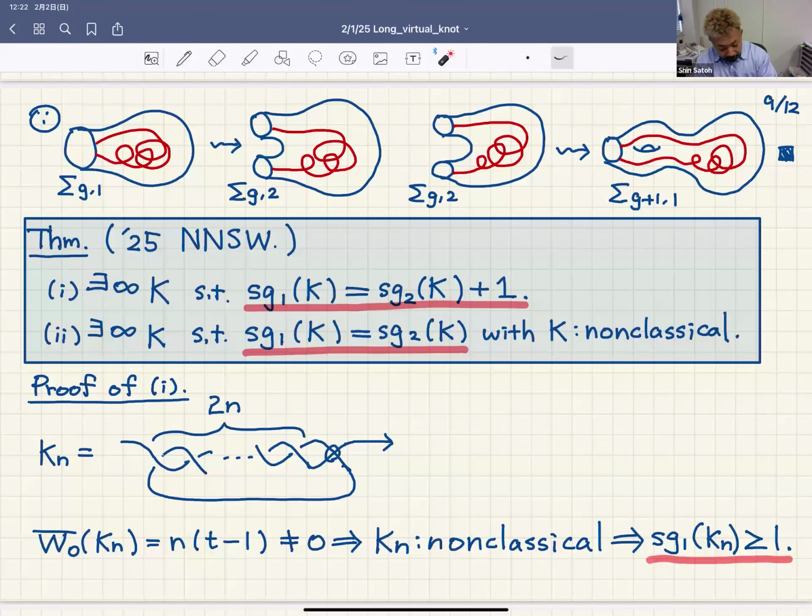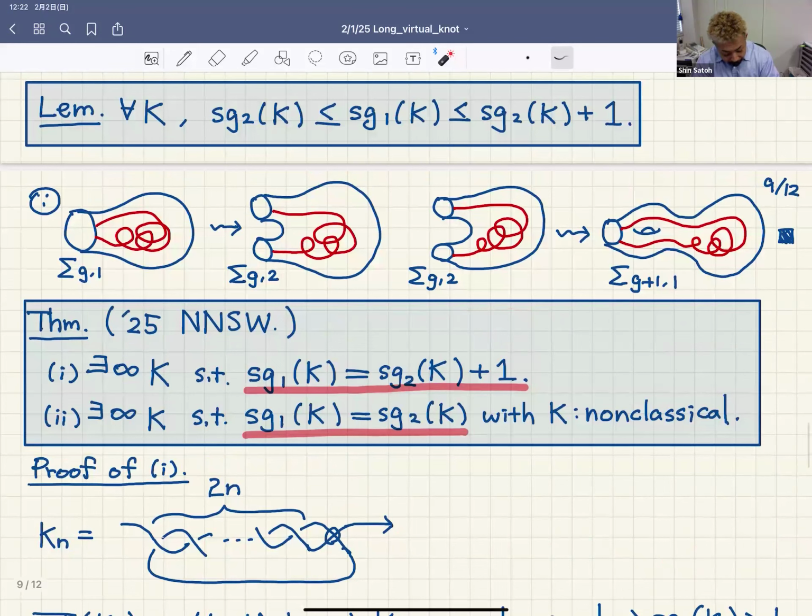The first assertion is that the one supporting genus is equal to the two supporting genus plus 1. The second assertion is that there are infinitely many virtual knots K which realize this equality here.